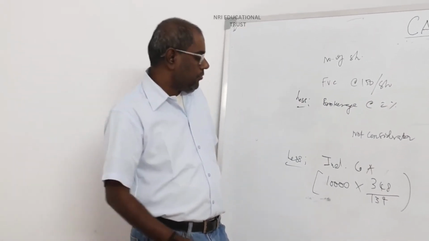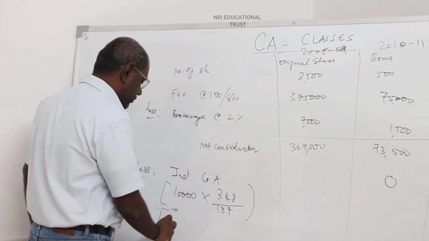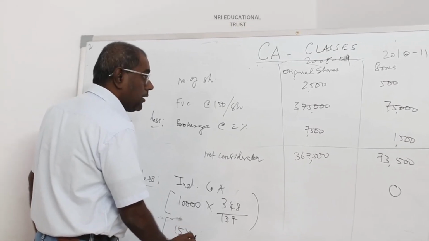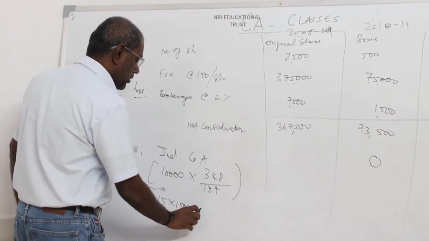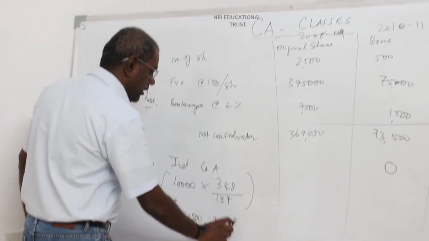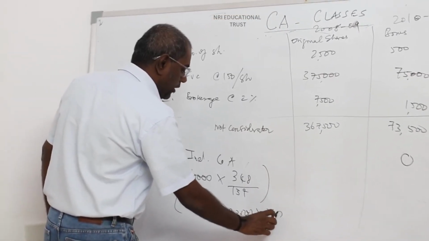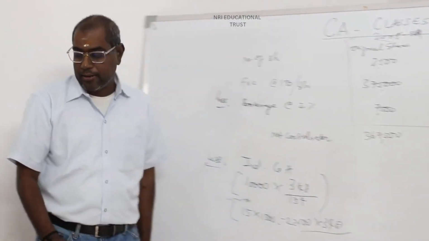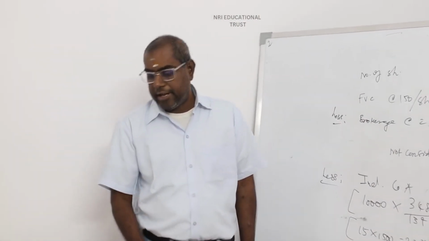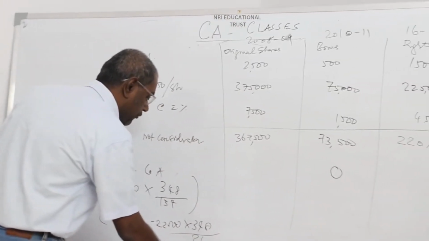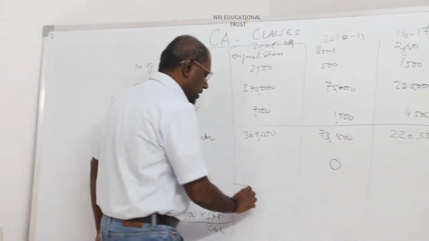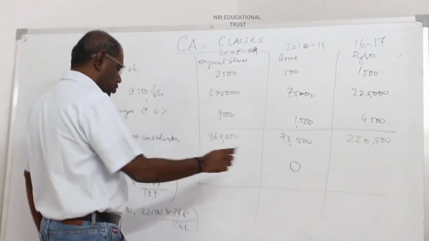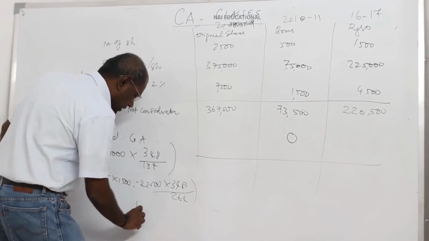Third one, the purchase price of 15 rupees per share into 1,500 is 22,500, into 348 divided by the 2016-17 index of 264. Compute.